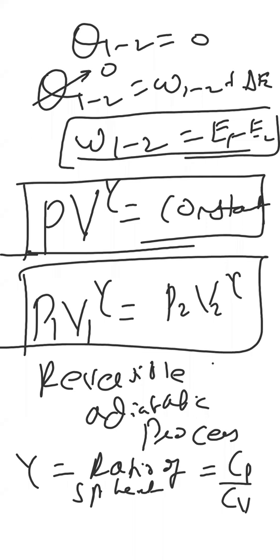Gamma is predefined for each gas. For a monatomic gas, gamma is different; for a diatomic gas, the value of gamma is different; and for a triatomic gas, the value of gamma is different. That we'll study in detail afterwards. But this is the equation for a reversible adiabatic process.